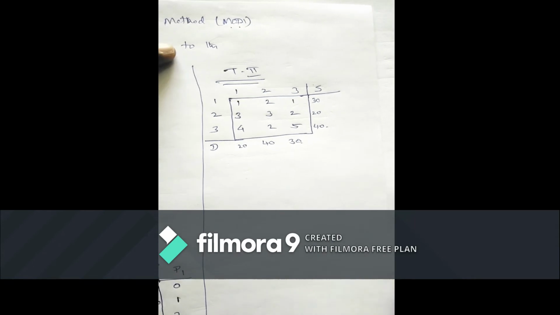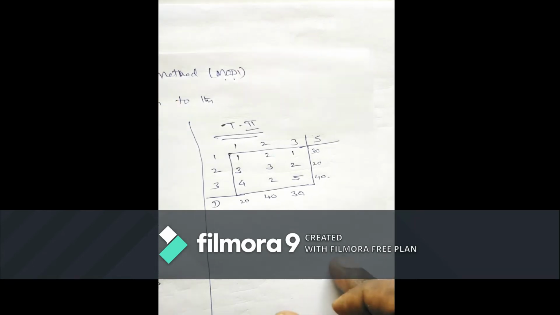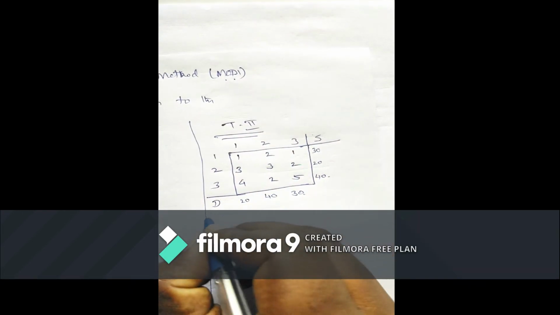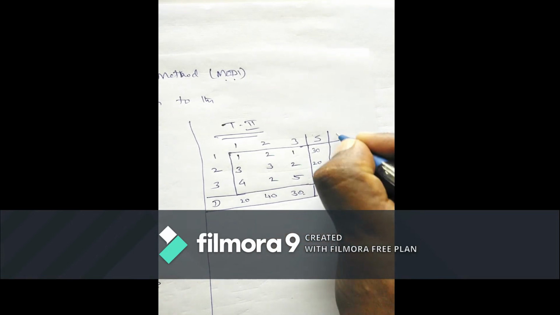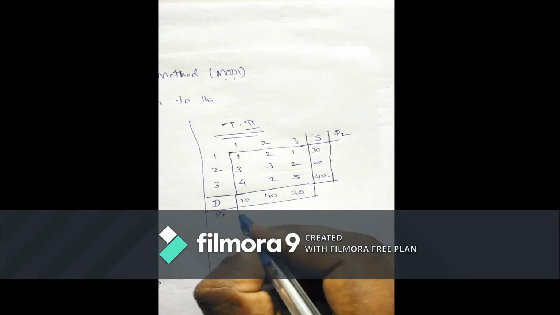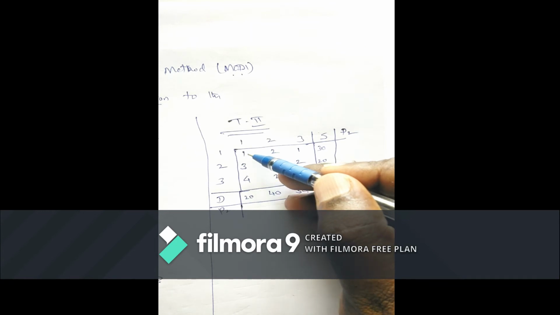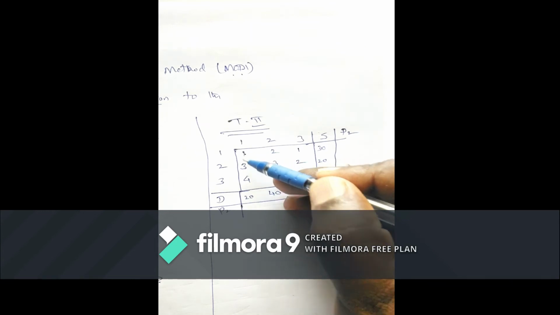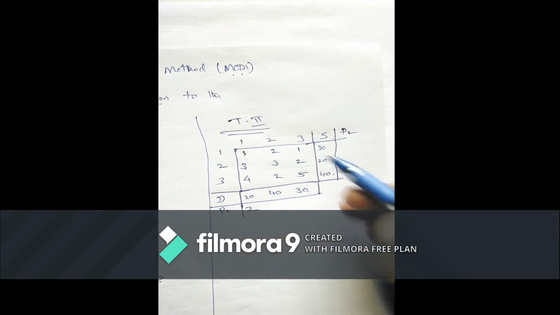Okay. Now again find the penalty and pick a maximum penalty and choose a minimum value. The second table shows penalty number 2. Maximum penalty means, first you find the penalty. Minimum value 1, next minimum value 3, difference is 2.